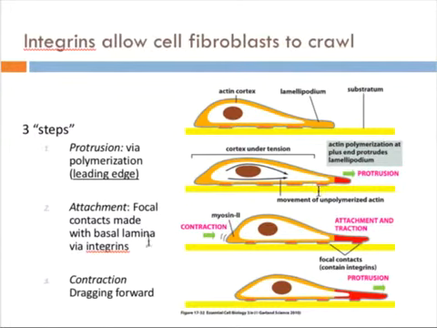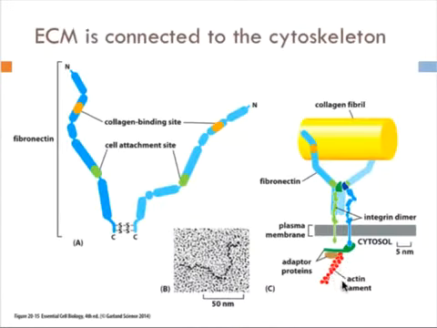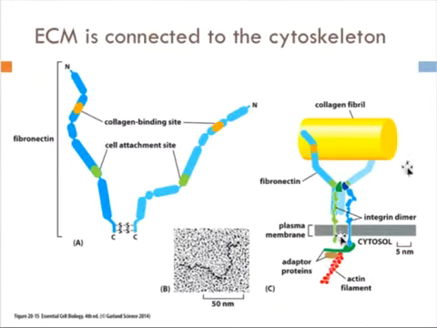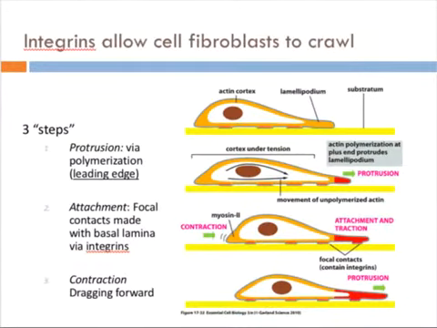It's the integrins that actually interact with this extracellular matrix and then allow the actin to polymerize and change shape. So the crawling of a fibroblast relies, again, on this connection between the cytoskeleton and the extracellular matrix. This was from a previous chapter. You should sort of remember it, hopefully.